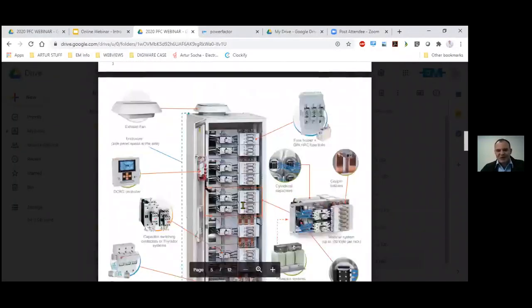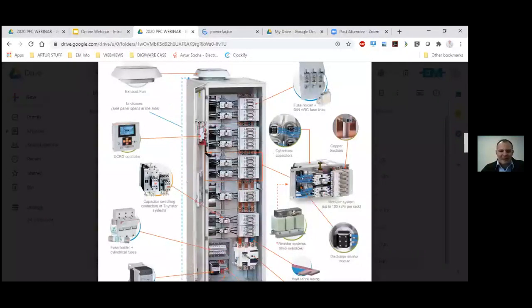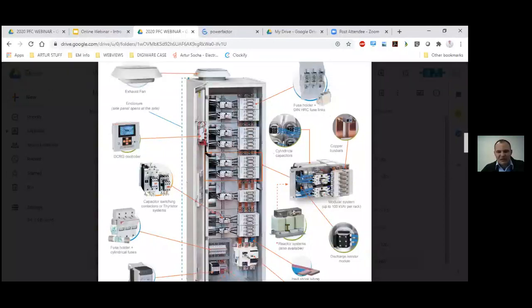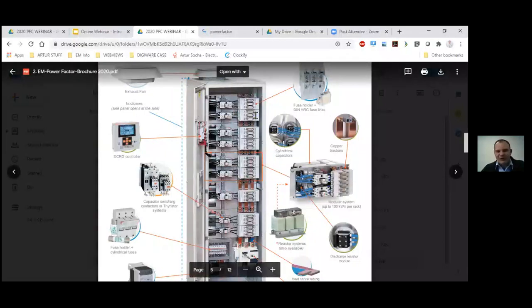This high-level view is the typical assembly that we as EM would do. We manufacture these units locally. Some customers only buy racks from us with or without reactors, or they buy the complete system.